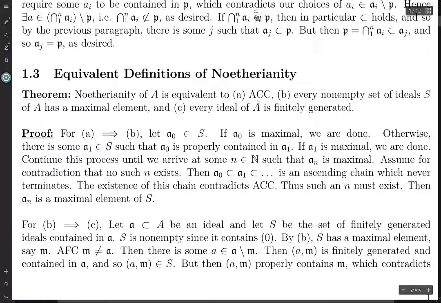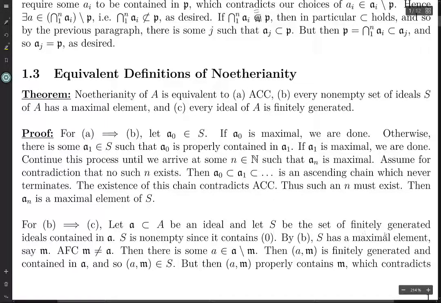Okay, now for B implies C, suppose A is an ideal, and we want to prove that it's finitely generated. So let S be the set of finitely generated ideals which are contained in A. If we can prove that it has a maximal element, and prove that that maximal element is A, then A must be finitely generated. Okay, so S is non-empty since it contains 0, the zero ideal.